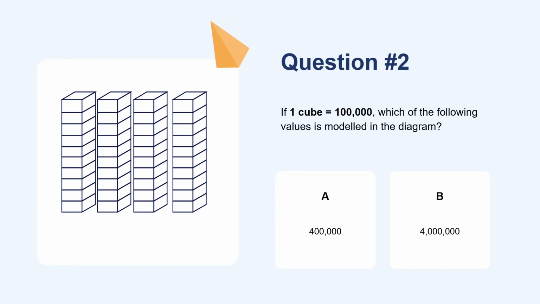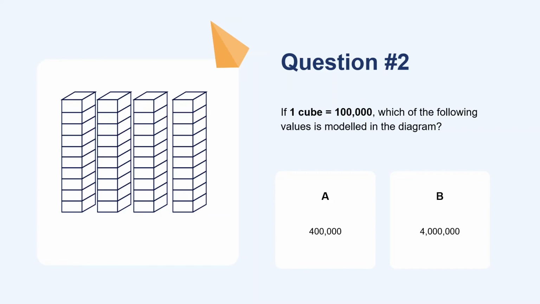And we see 4 rods here. So it means we have to multiply the 1 million by 4 to get 4 million, which is the answer for the option B. You can also think of it this way. If 1 rod equals 10 cubes, then it means 4 rods is going to be 10 times 4. 1 rod is 10 cubes.